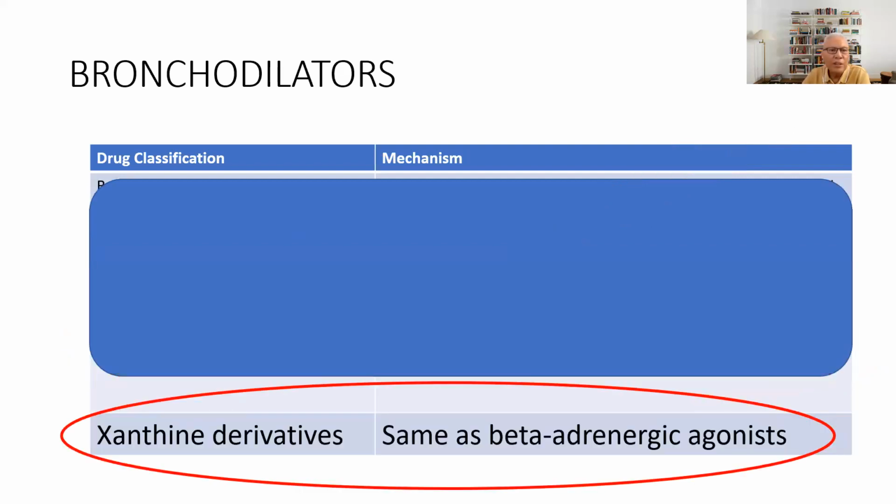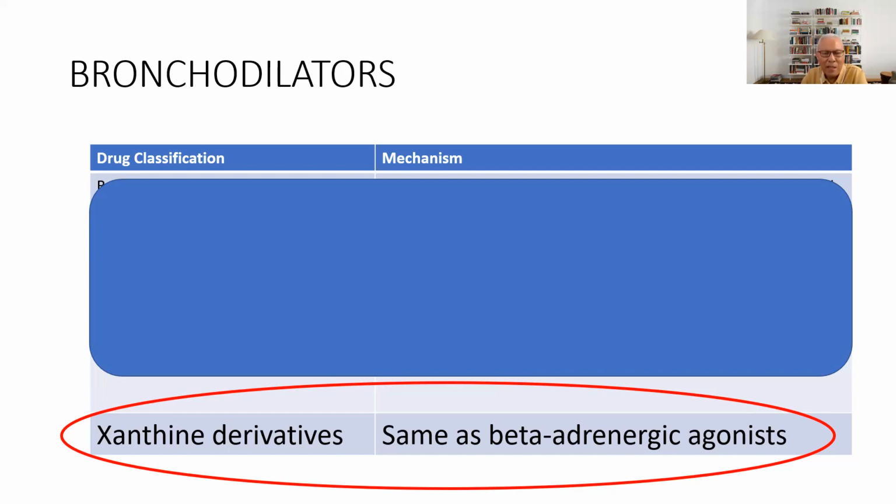So we're going to discuss this more in detail, but this is just differentiating the three different kinds of bronchodilators. And of course, the last bronchodilator is the X, and it stands for xanthine derivatives. Theophylline is one xanthine derivative that is well known. Now, what is the action of xanthine derivatives? Well, xanthine derivatives act by opening the airways, by relaxing the smooth muscles in the walls of the airways. So it is not fully understood how it does that.